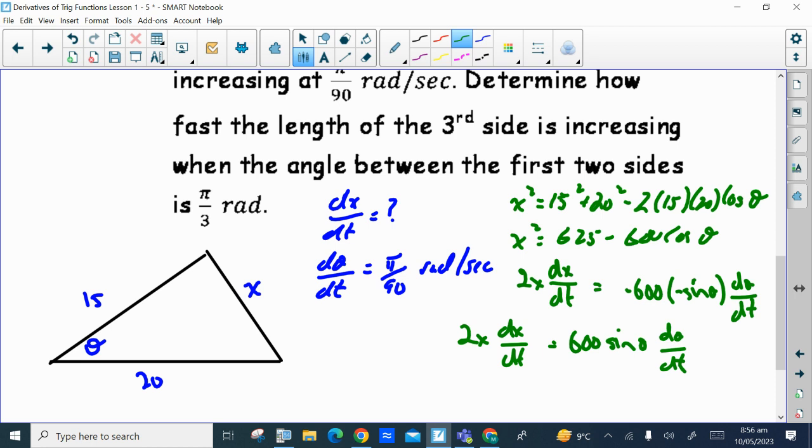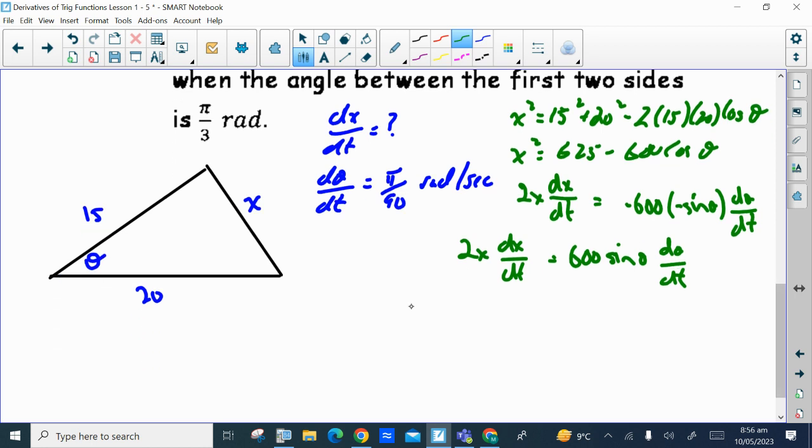And remember, we want to find the value of dx by dt at the moment when d theta by dt is pi on 90 radians per second. So we can take this expression that we've written and get dx by dt by itself by dividing both sides by 2x. So when you divide the 600 by 2, you'll get 300 sine theta over x d theta by dt.